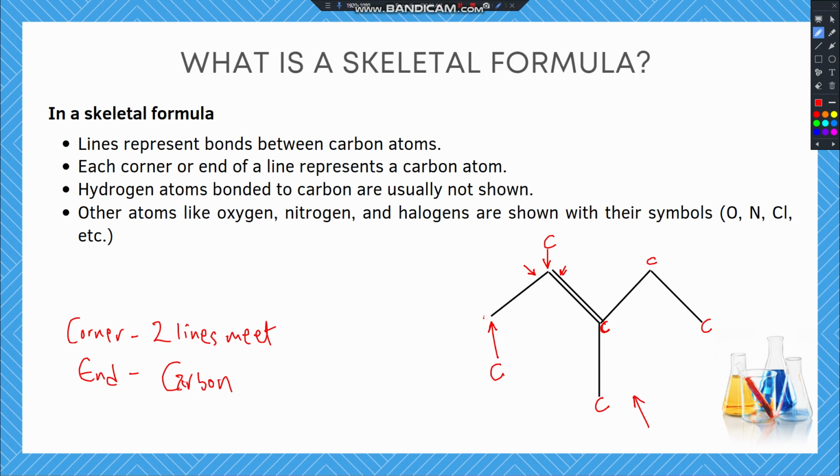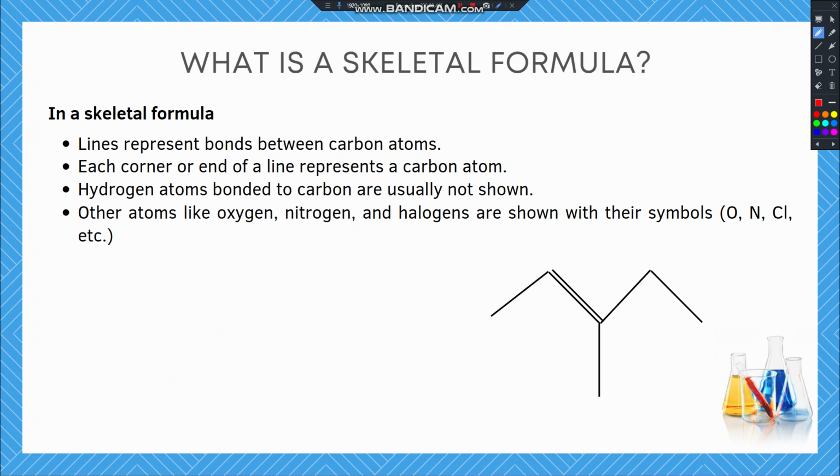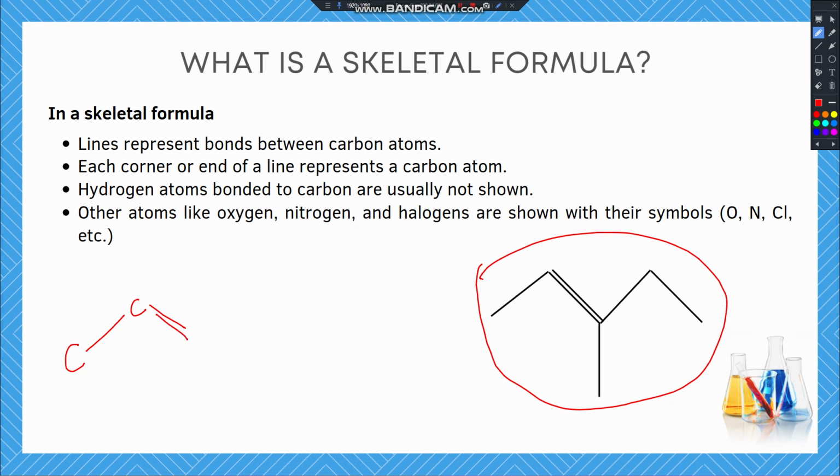So now if I am to draw this skeletal structure using the concepts that we have been used to in this series, I would simply draw it like this. At this point there is a carbon atom, so it will be C bonded to another C, then we have a double bond connecting to another C, then we have another carbon atom, and another carbon atom.